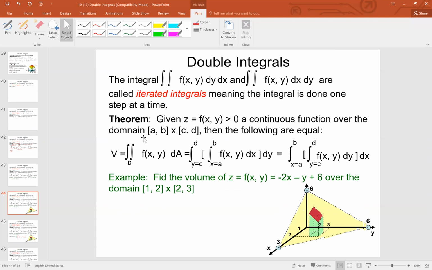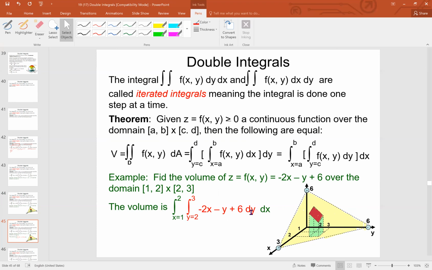Here's a function, and it's defined over the rectangle [1, 2] by [2, 3]. So it's this little column with a slanted top, and we want to calculate the volume of this column. We do double integrals, and you can set the integral limits.